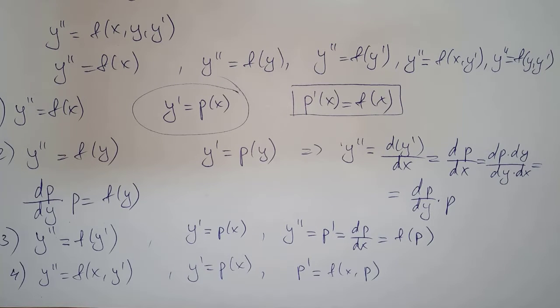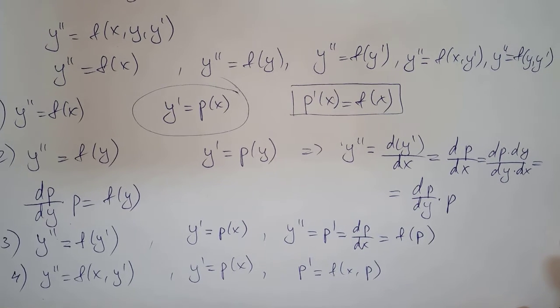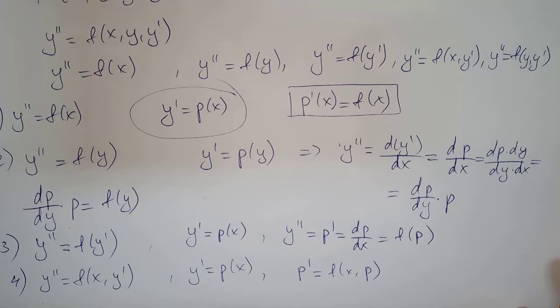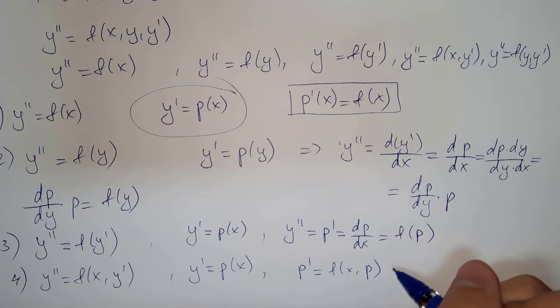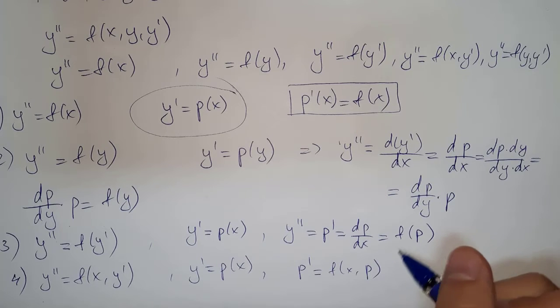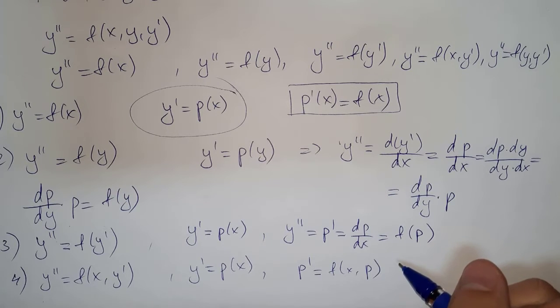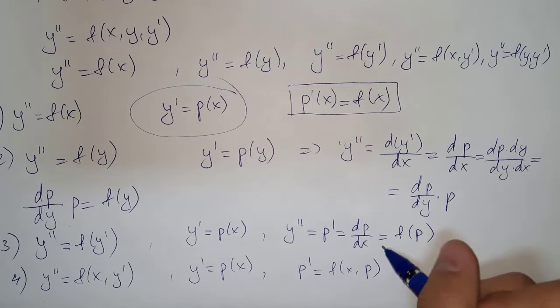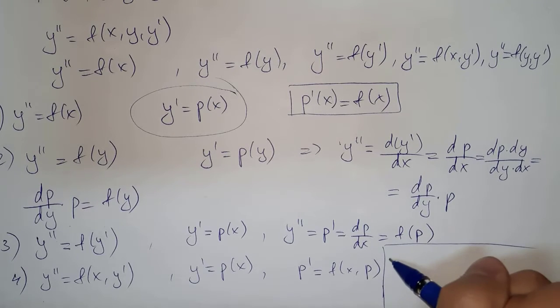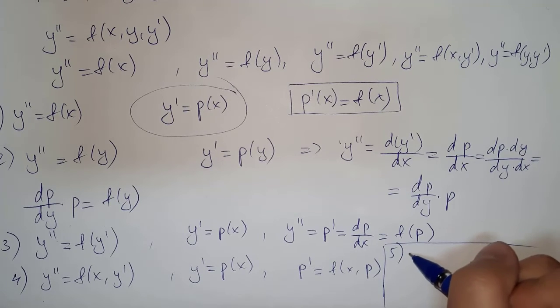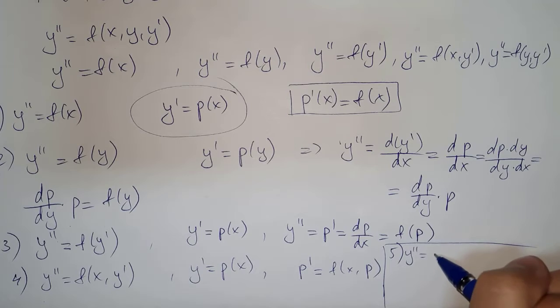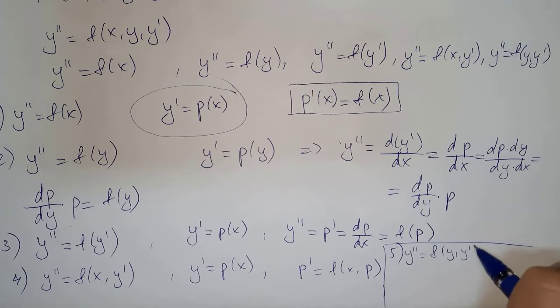Okay, and for case number 5, this is also similar. It's similar with the second case. Let me write here. So here we have y double prime is f of y and y prime.